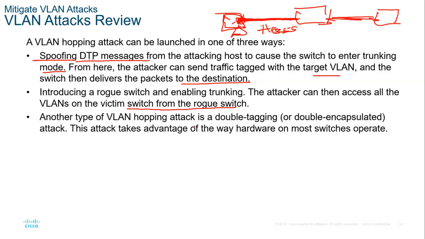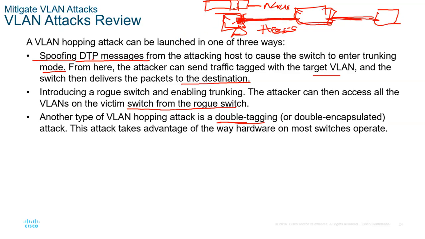Another type of VLAN hopping is double tagging. With double tagging, from this computer, the frame can actually have two tags. The outer tag is maybe the native VLAN, and this switch is not going to tamper with it.